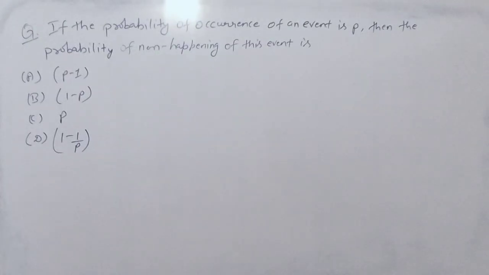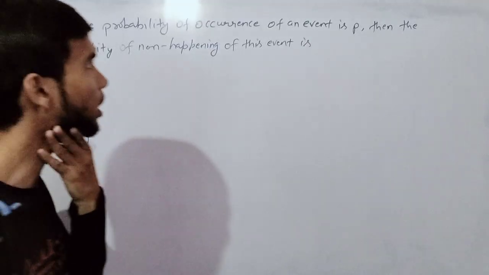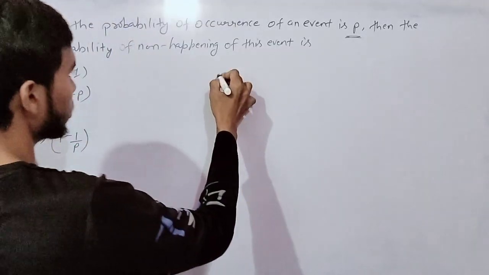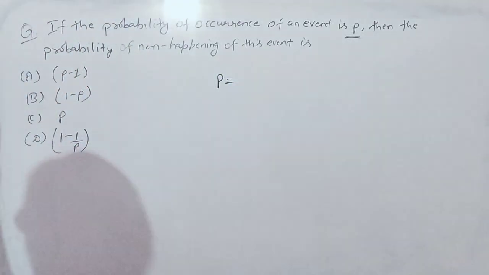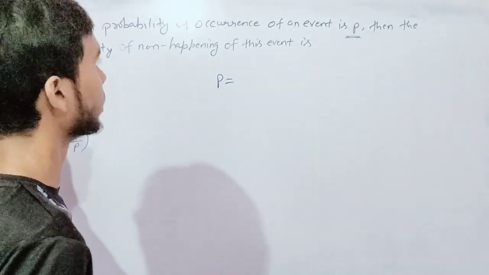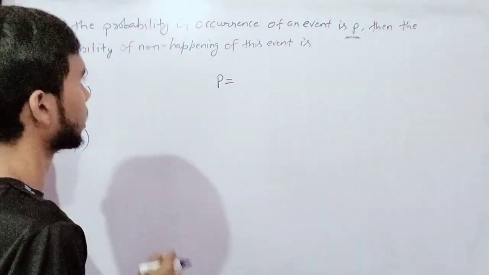This is the next question. It is saying if the probability of occurrence of an event is p, then what is the probability of the non-happening of this event?